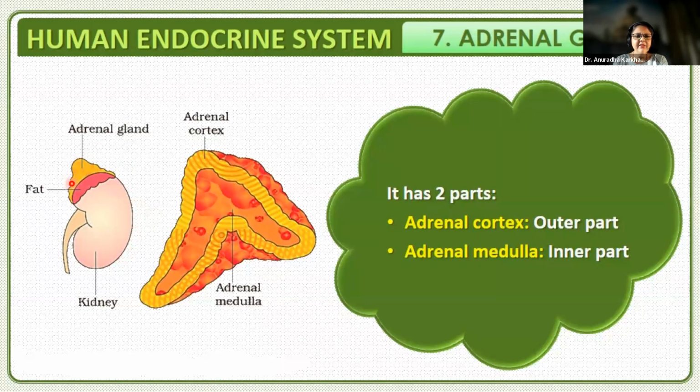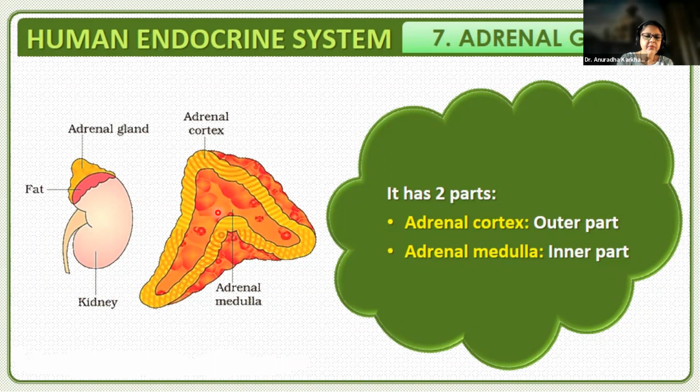This is the cortical region, and this is the medullary region. So cortex and medulla, it has 2 parts. The outer part is called the adrenal cortex and the inner part is called the adrenal medulla. Okay.